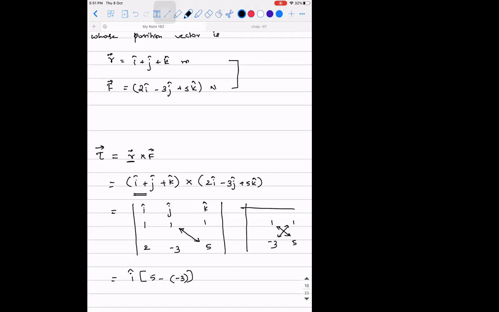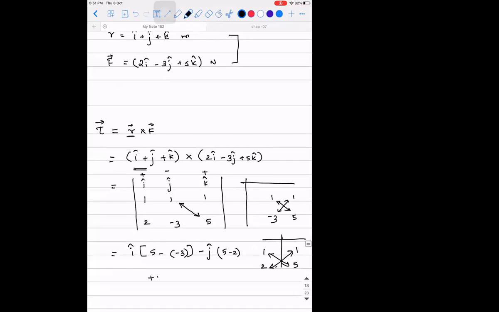Then what are we supposed to do? You need to start with plus, minus and plus. Minus j cap into, you need to hide j cap and that column below it and the row along it. So you will be able to see 1, 2, 1 and 5. Again cross multiply and subtract. That will be 5 minus 2.